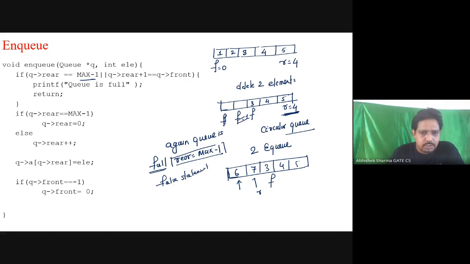I need to check queue pointing to front is equal to 0 and queue pointing to rear is equal to max minus 1. This I need to check, because otherwise this will become wrong.